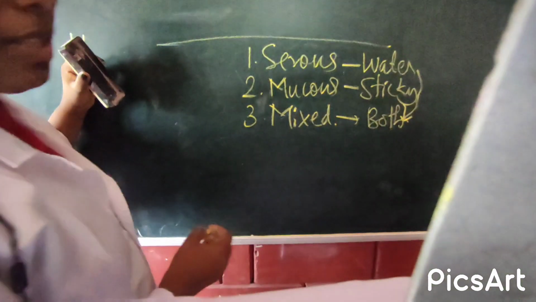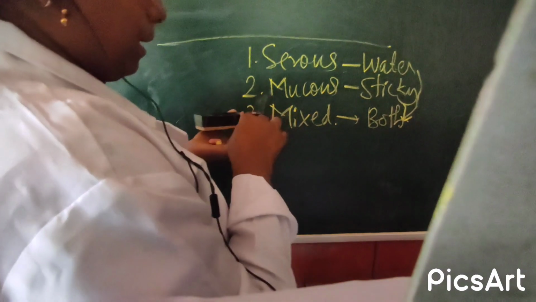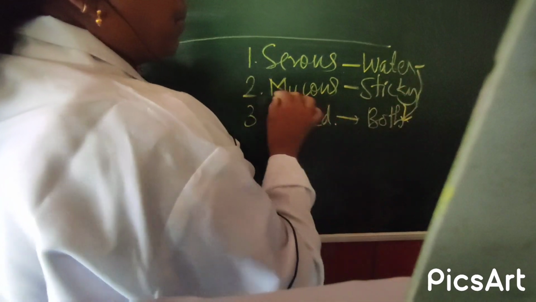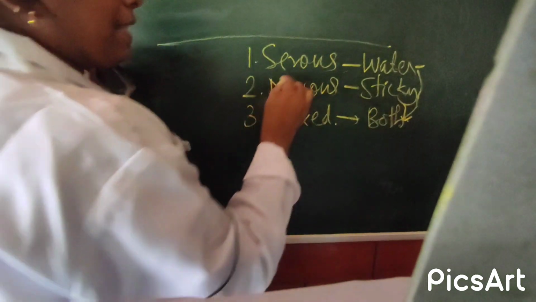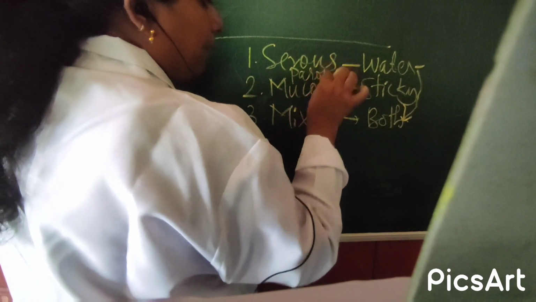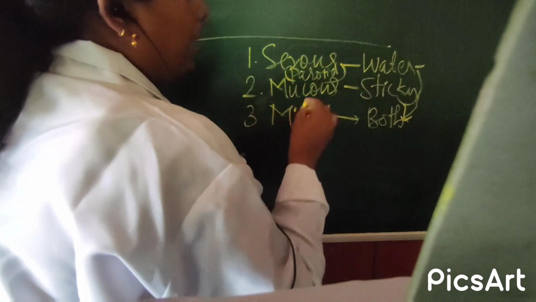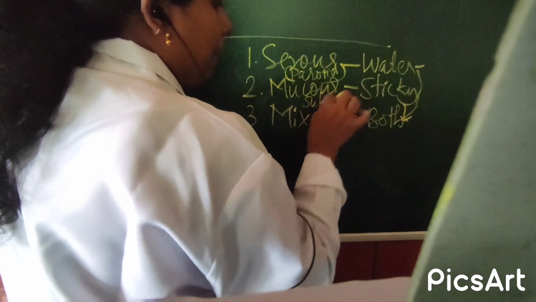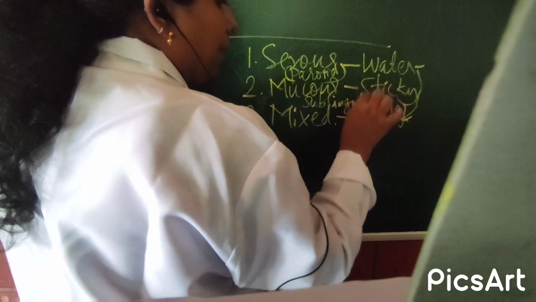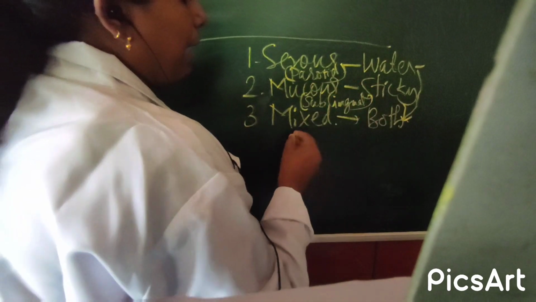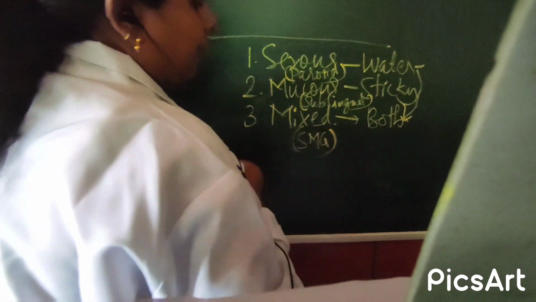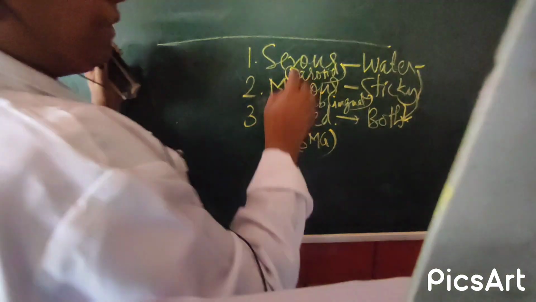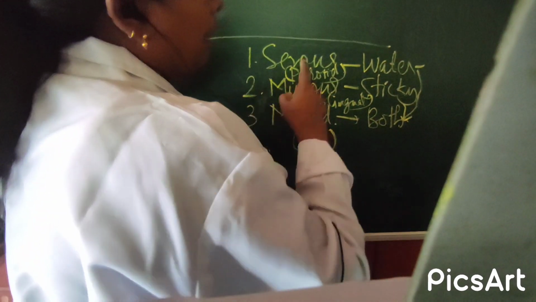The example for the serous salivary gland is the parotid. The mucous example is the sublingual salivary gland. The mixed type of gland is the submandibular salivary gland. So these are the three types of salivary glands in your body depending upon the secretion.